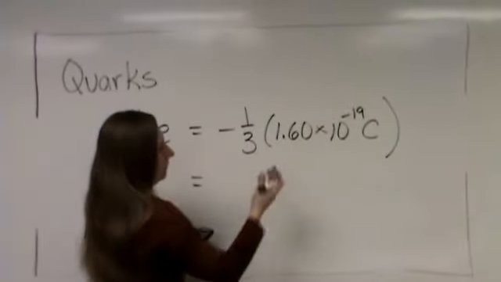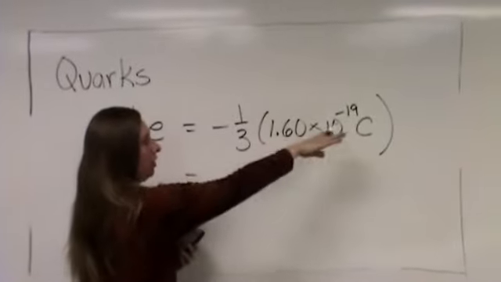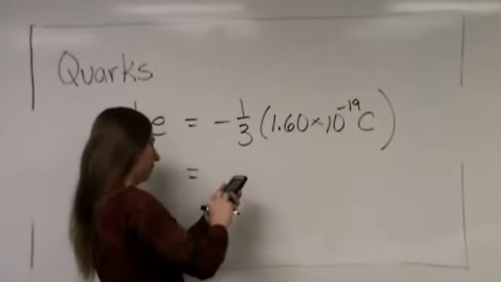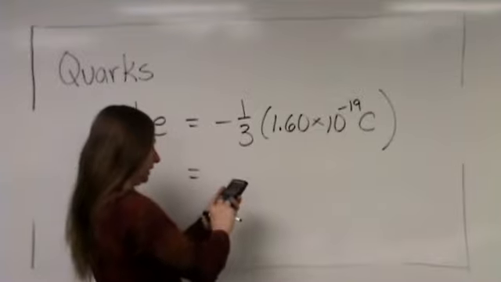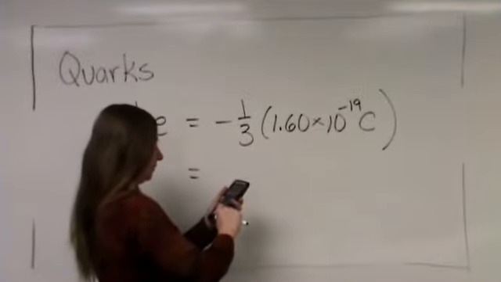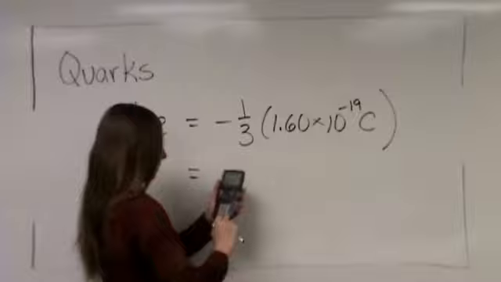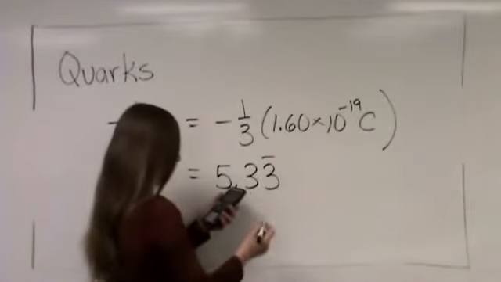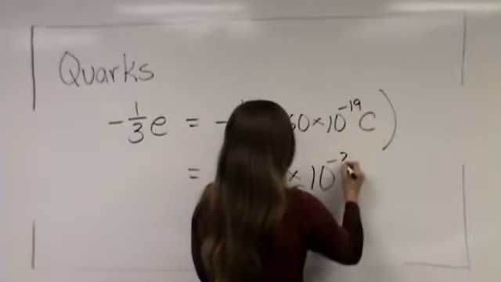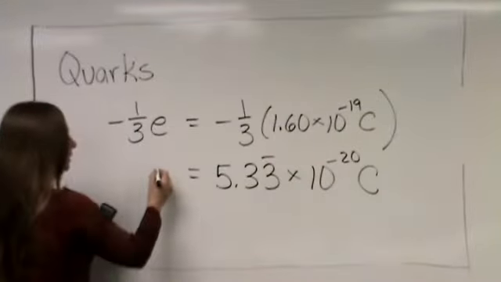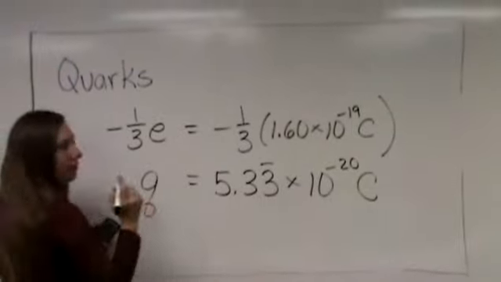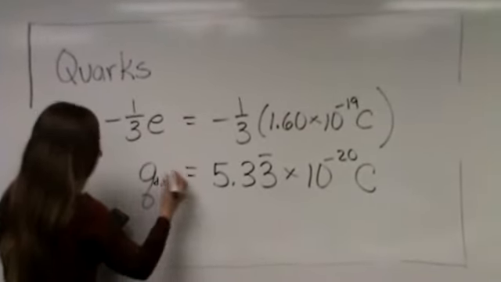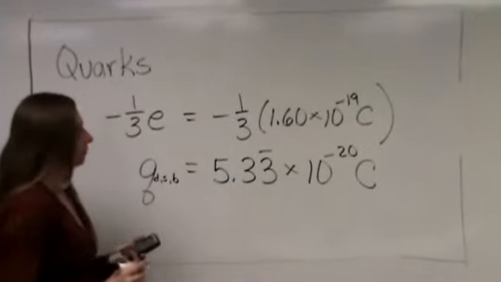We could say 1.6, second E, negative 19, all that divided by 3 is 5.333 repeating, times 10 to the negative 20 coulombs. That's the charge of either a down quark, a strange quark, or a bottom quark.